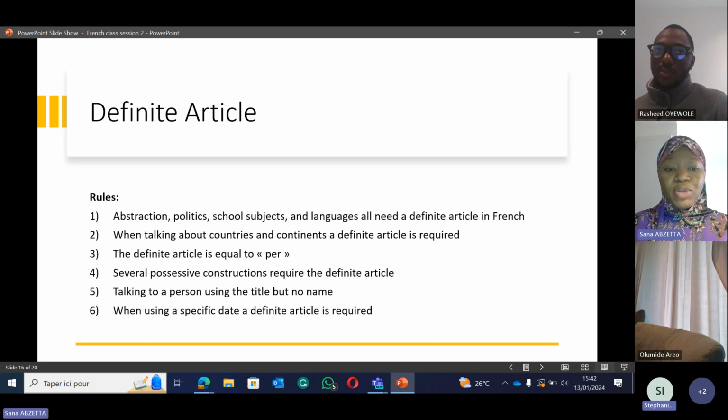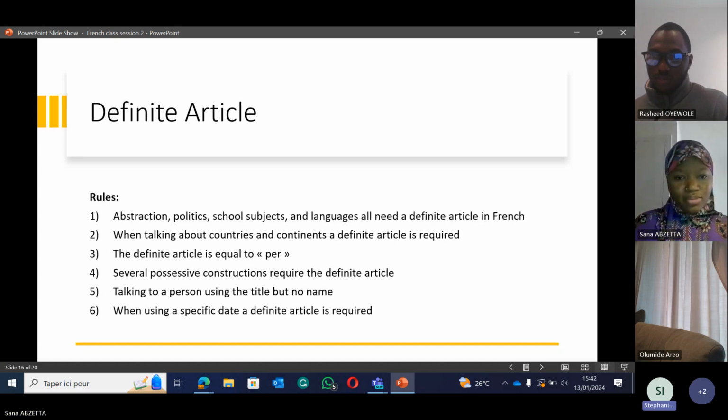Also, if you are talking about a person using it, yes, you can say mon stylo. Yes, mon stylo is a possessive. The mon will be the lesson of next week.